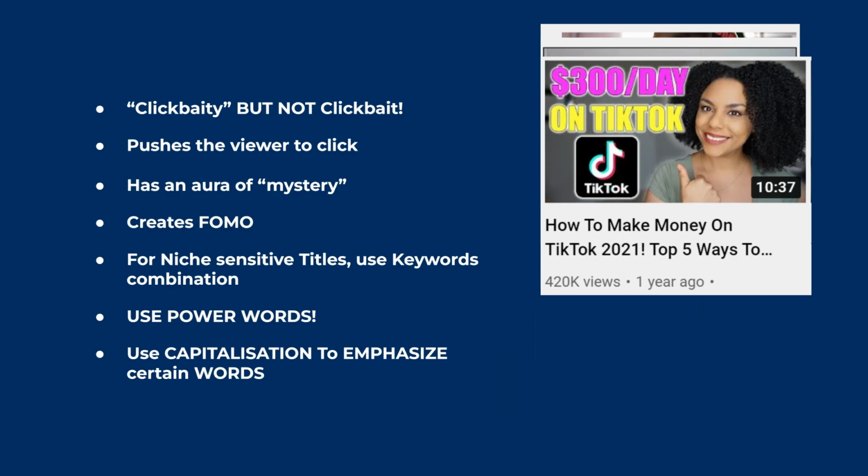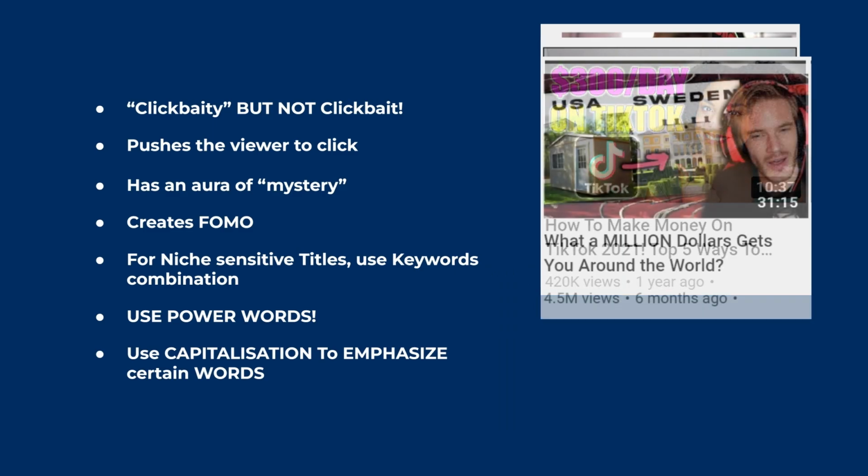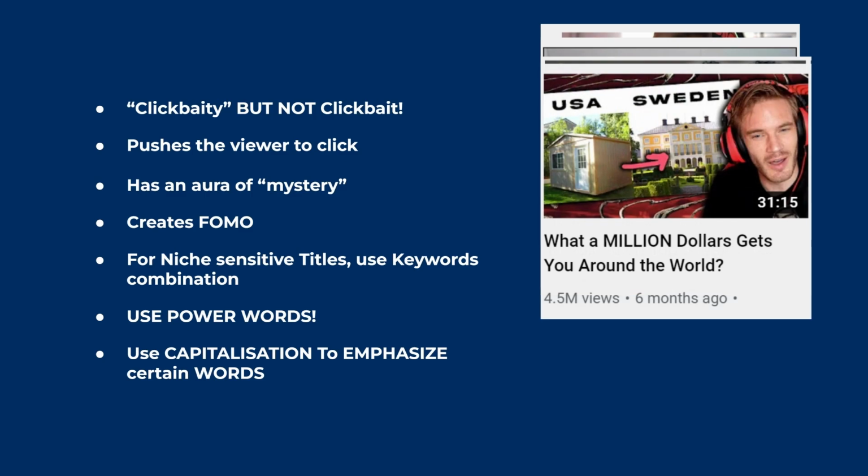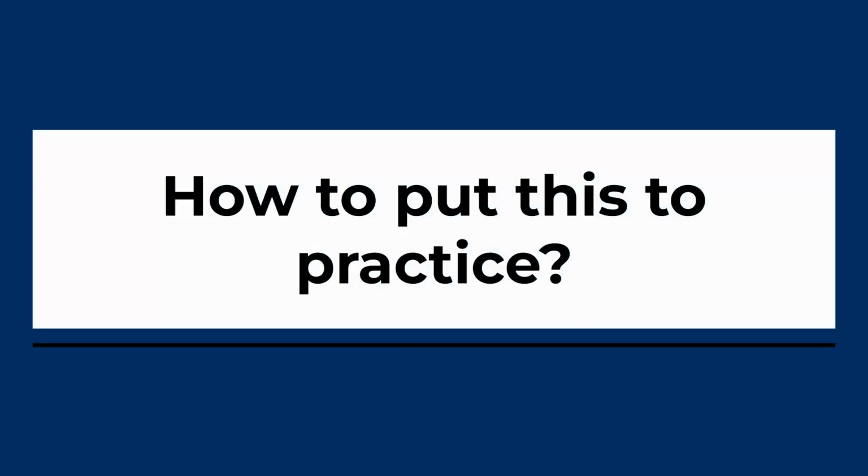Also, maybe use capitalization to emphasize certain words. This is also a great way to make your title pop out. For example, here on a PewDiePie video again, "What $1 MILLION gets you around the world." By capitalizing "million," the title pops out a little bit more than if it was a completely flat title. Now the question is, how do you put this into practice?